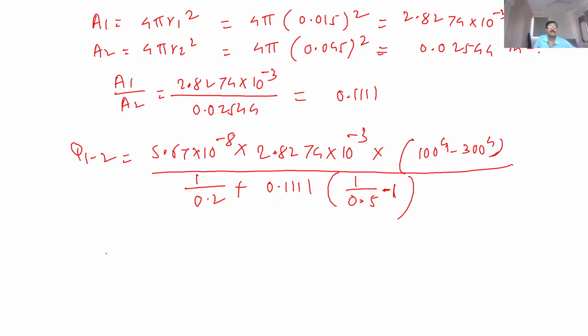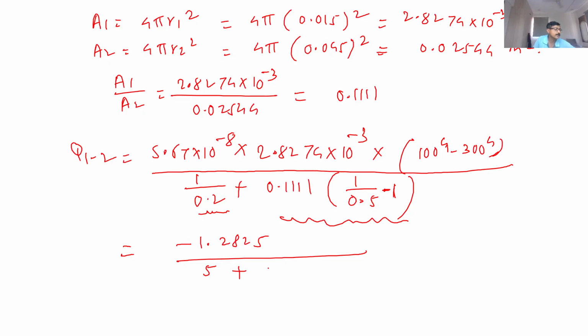If I calculate only the numerator, it comes as minus 1.2825. The denominator term comes as 5 plus 0.1111. And the final answer is coming as minus 0.2509 watt.